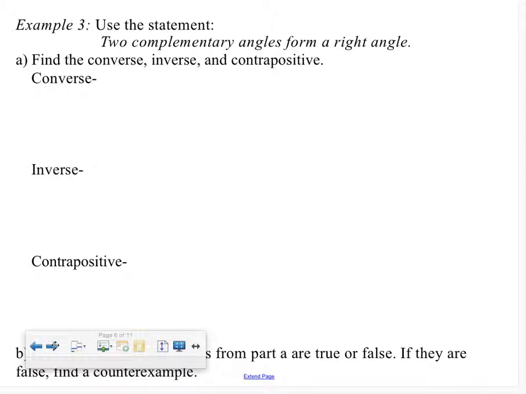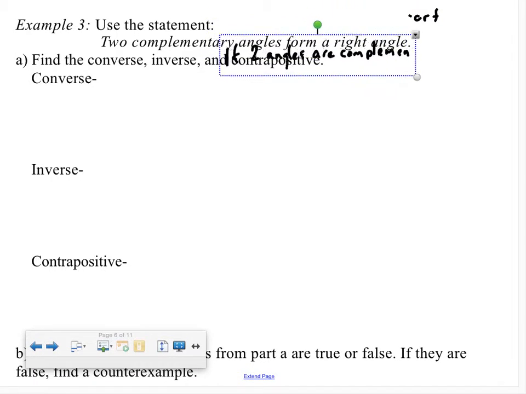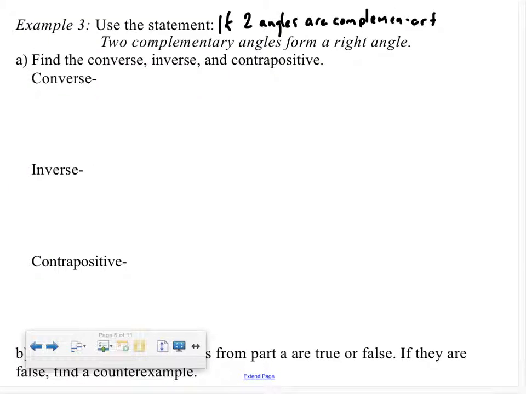Next example, two complementary angles form a right angle. This one is not written in if-then form, so we need to write it as an if-then statement. If two angles are complementary, then they form a right angle.